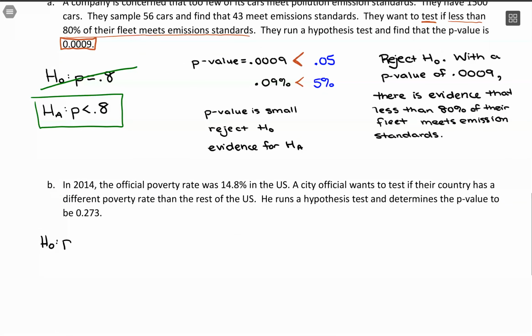So looking at poverty rate, which we did before, and we're trying to prove that it is different. And what we're going to use is they found a p-value of 0.273. And what we're going to do is compare that to our 5% significance level.